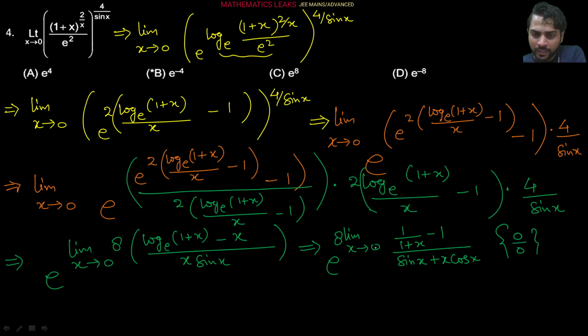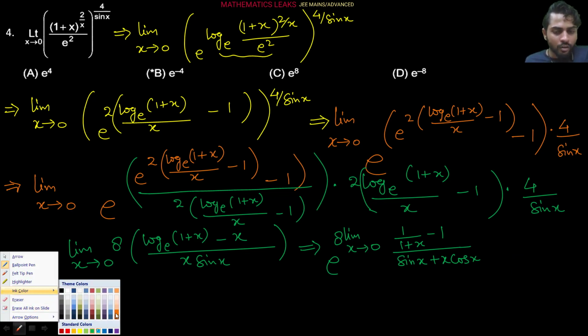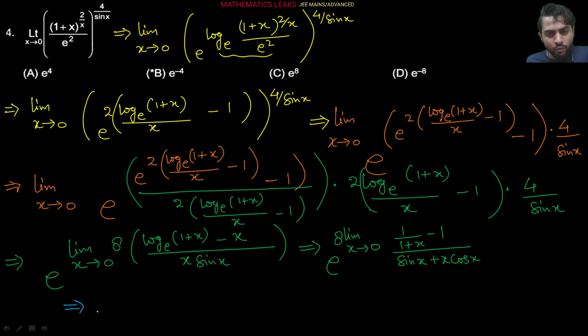It is still converting, x will be 0 here, so 1 by 1, that is 1 minus 1, numerator tending towards 0, denominator sin 0 is 0, x into cos x, x approaches 0, this is also 0, 0 by 0 form again. So again one more time we have to use L'Hospital's rule. e to the power 8 limit x tends to 0, and the numerator differentiation of 1 upon 1 plus x is minus of 1 upon 1 plus x whole square, and the differentiation of 1 is 0.